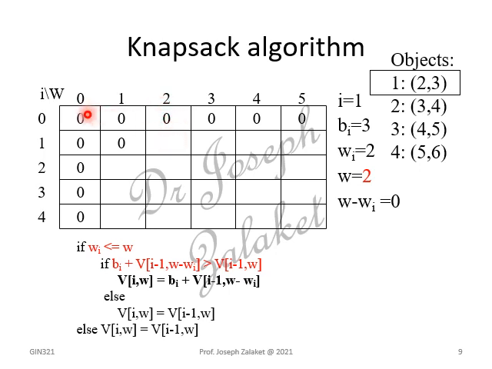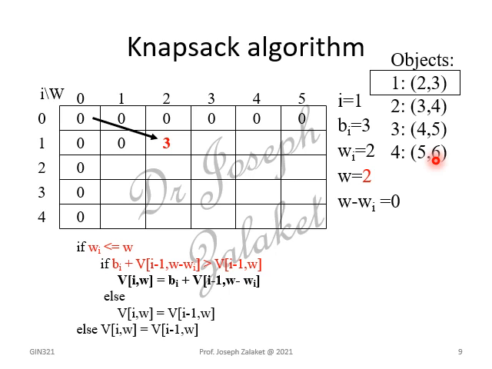So for sure, 3 plus 0 is greater than 0, and thus we will put 3 inside this cell, which is the benefit plus the value of this cell. So this is what we will do. In fact, 3 will be put here.